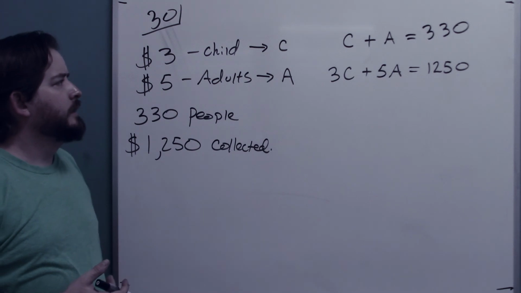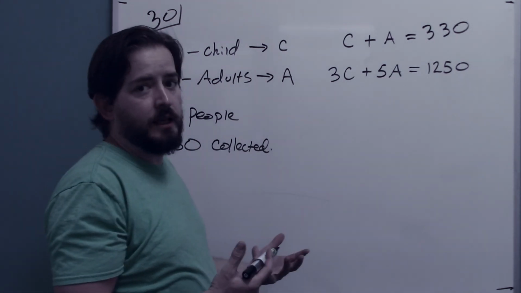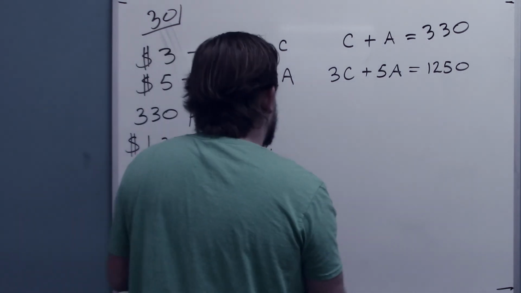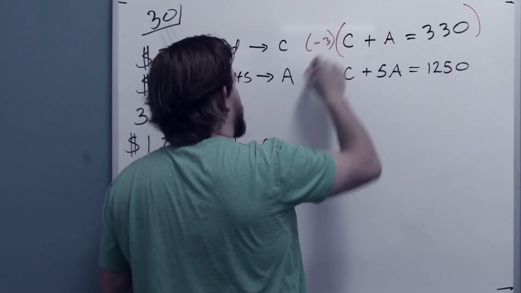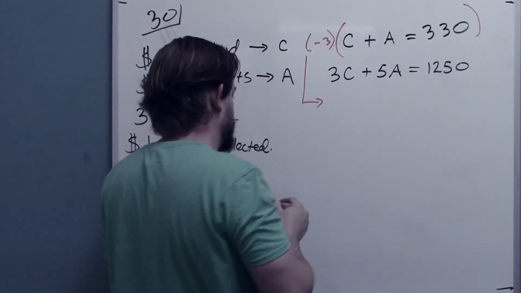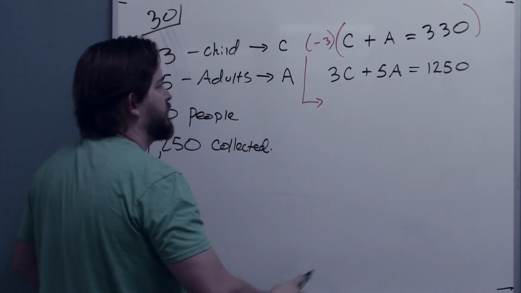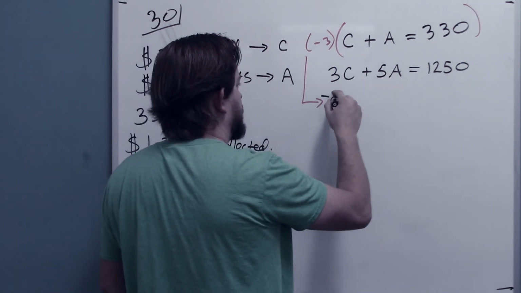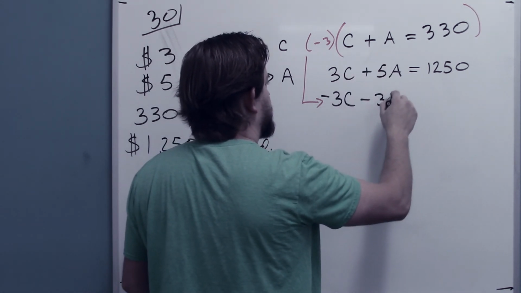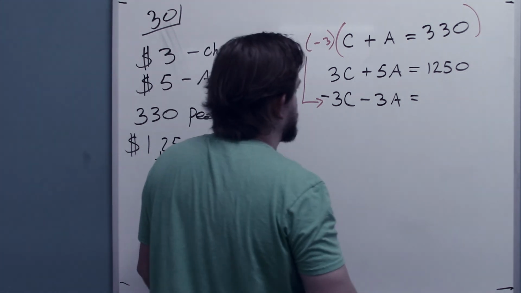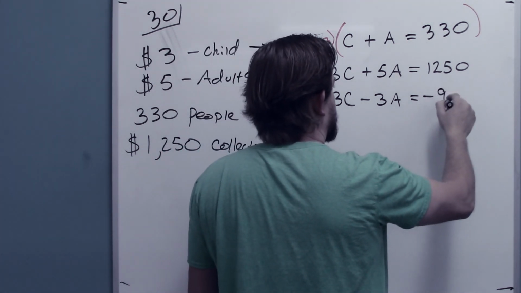But if it were me, I would eliminate, and I would multiply this top equation by -3. And I'll just write it under it. That gives me -3c minus 3a is equal to -990.